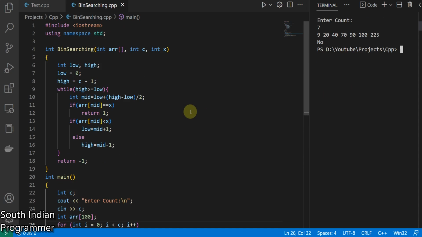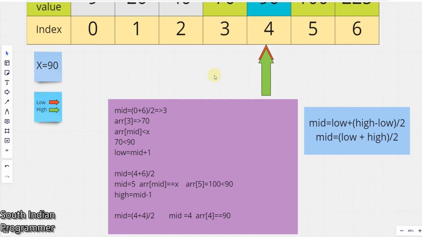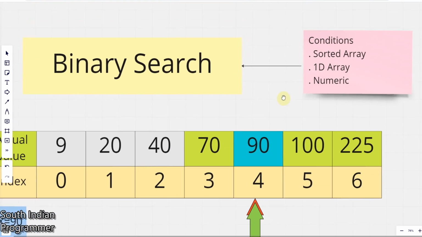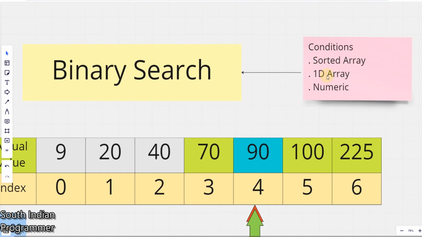Okay, I hope you understood all those functionalities of bin searching, why this is made, and how this pointer moves here and there. This prior condition must match: it should be a sorted array, 1D array or 2D array, that doesn't matter, but it should be an array.